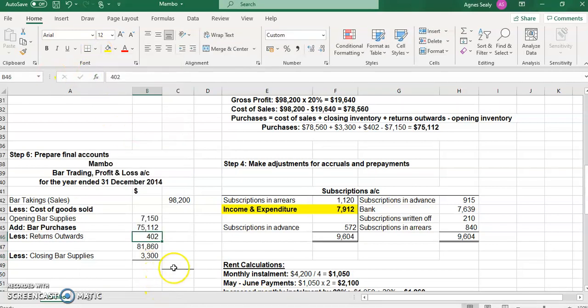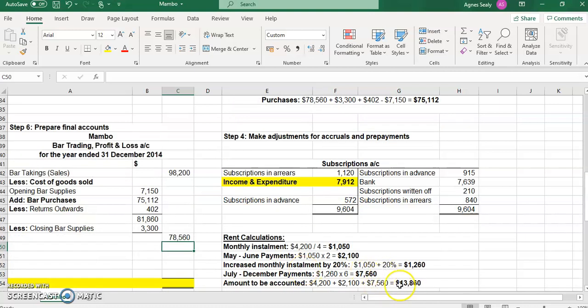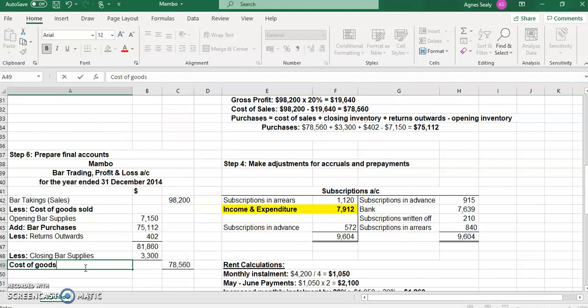And that will give us our cost of goods sold, $78,560 that we would have worked out here. That will be my cost of goods sold or cost of sales.